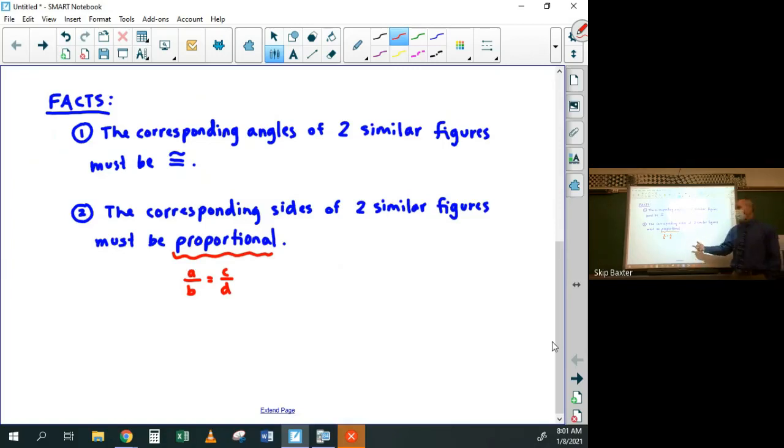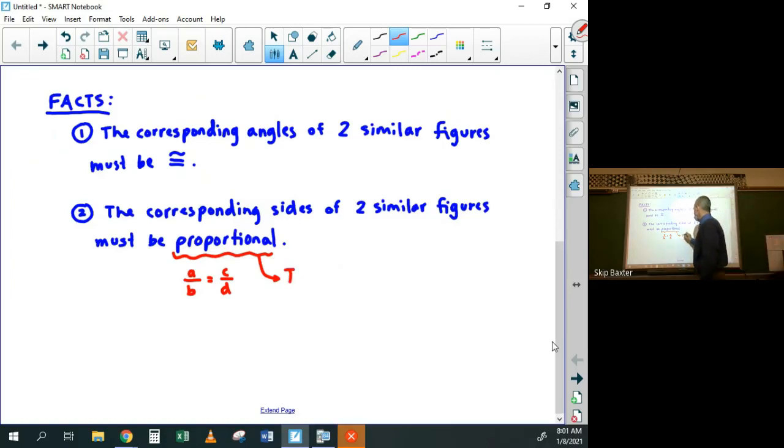equal to another fraction. So one way you can think about proportionality when it comes to side lengths is the ratio of a pair of corresponding sides has to be the same, regardless of which pair of sides you're talking about.